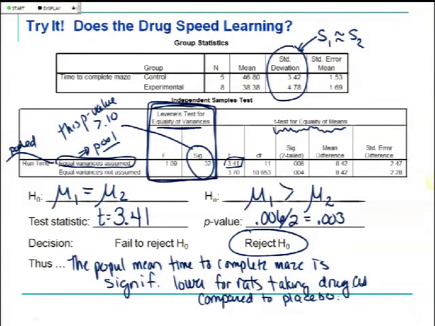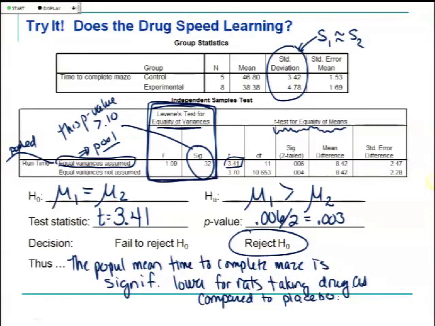Or there is enough evidence to say that the drug speeds learning on average for the population of rats that our samples represent. I'm laughing because I had mice in my conclusion. It's about rats. All right.